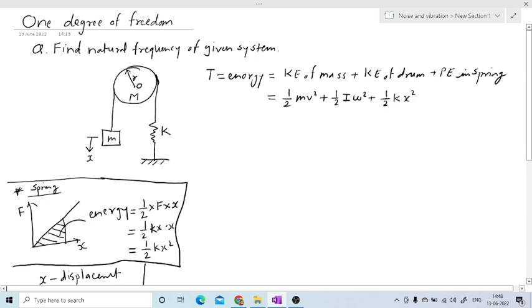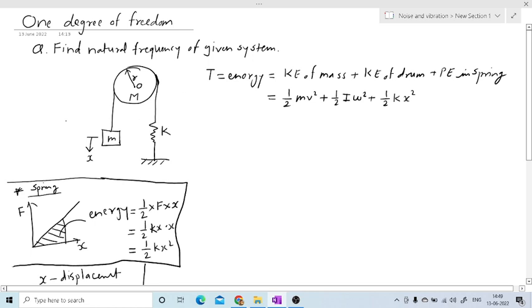This triangle area is the energy stored in the spring. Triangle area is 1/2 base into height, where the base is x and the height is F. But the spring force is F equal to Kx. So this formula becomes 1/2 Kx into x, that is 1/2 Kx square. This is the energy stored in the spring, and I have written this formula here.